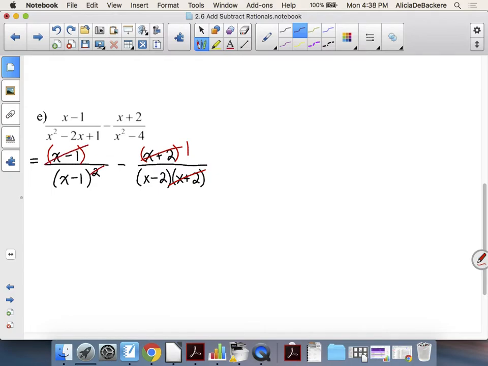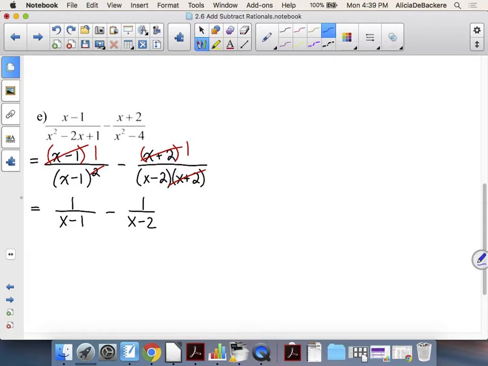So again, I can cancel one of those brackets from the top and the bottom. I can't cancel across subtraction, right? So I would not be able to go from the numerator on one fraction to the denominator on the other because I need to have a times sign in between for that to happen. So I'm just going to rewrite here what I have already simplified, 1 over x minus 1 and 1 over x minus 2.